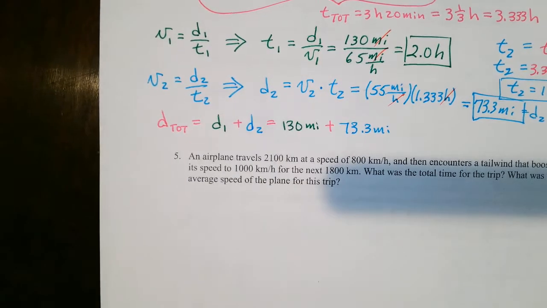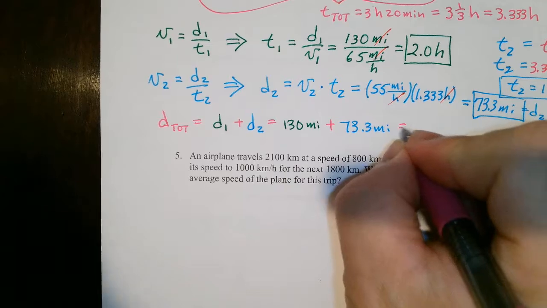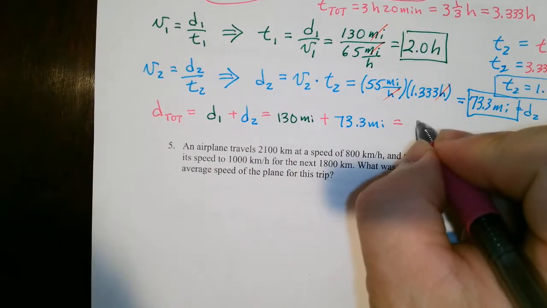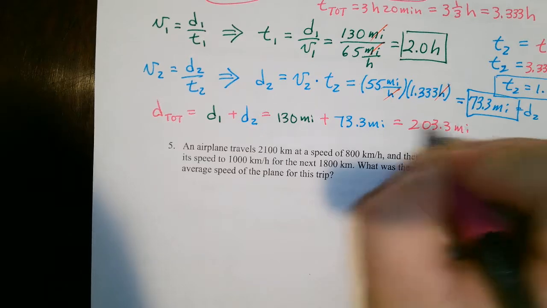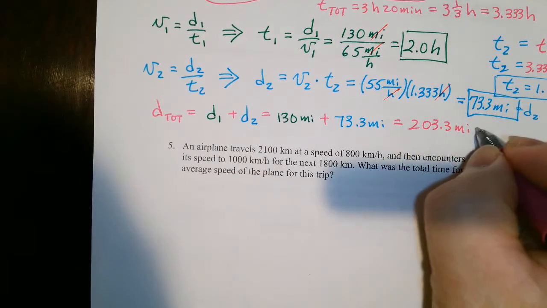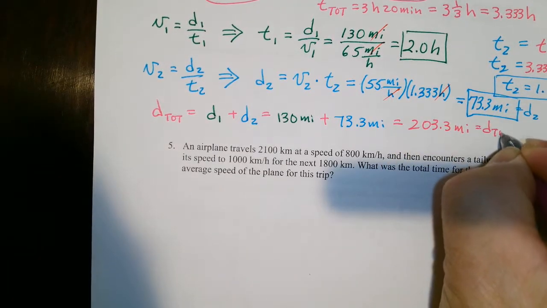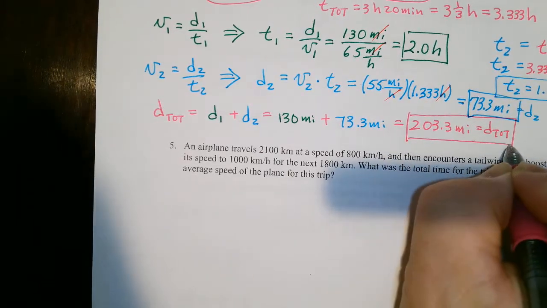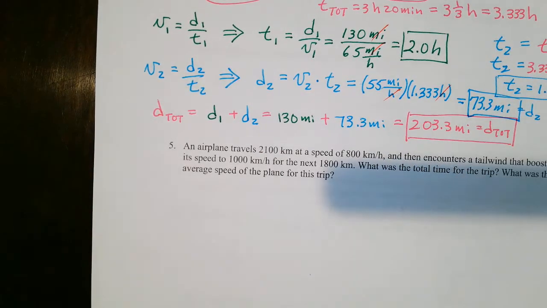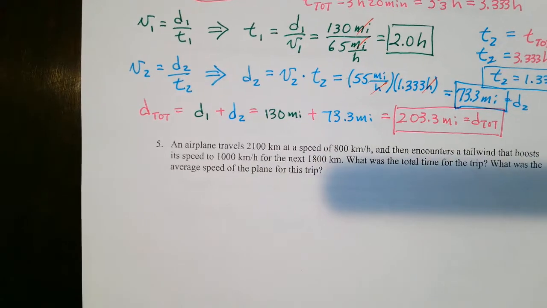And our total distance comes out to 203.3 miles as the total distance. So that's part A.